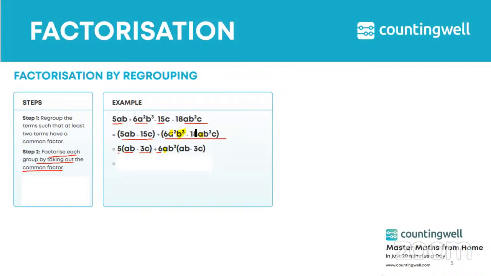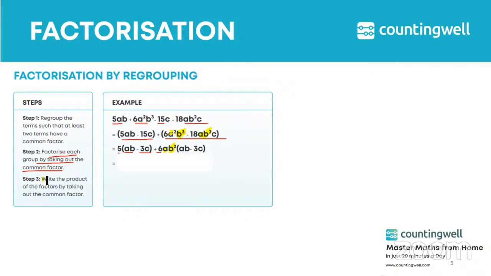Here we have 3 times b, here we have 2 times b, so at most 2 times b we can take common. We don't have c in 6a square b cube, so we are not taking any c here. So we have 6ab square into ab minus 3c.